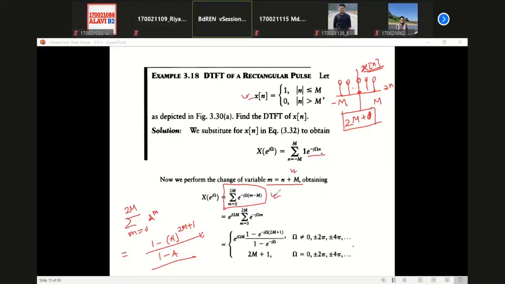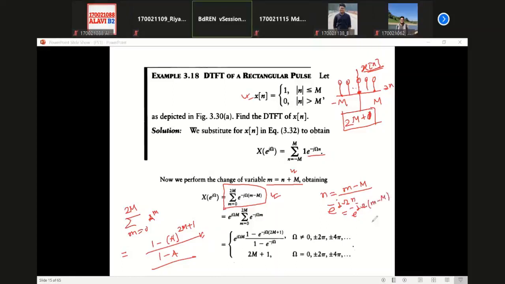Now when we make this replacement, n would be equal to m minus capital M, isn't it? Then we have the term e to the power minus j omega n, and that will be equal to e to the power minus j omega times (m minus capital M).